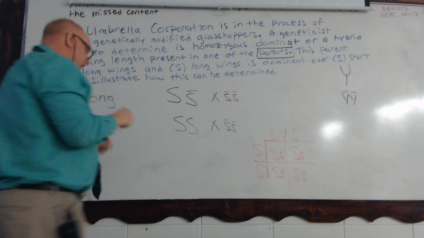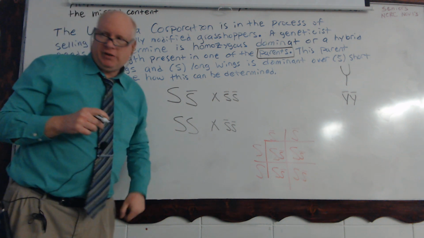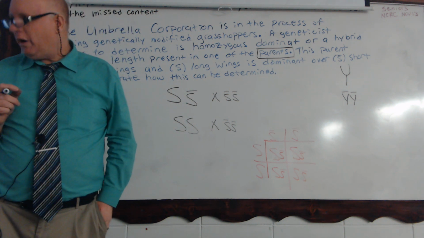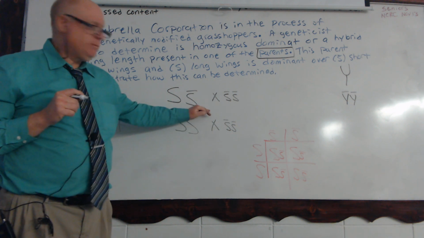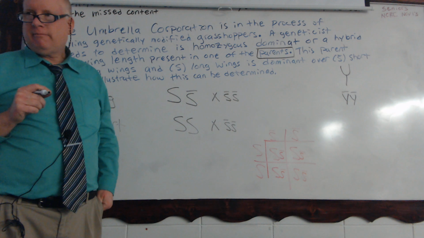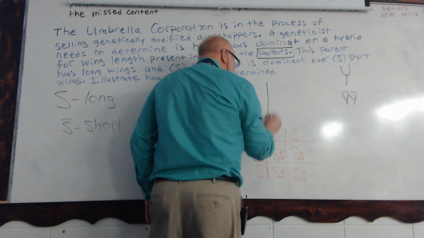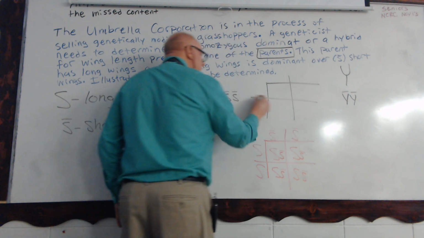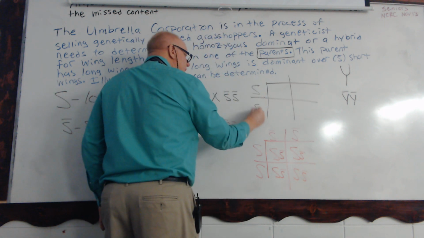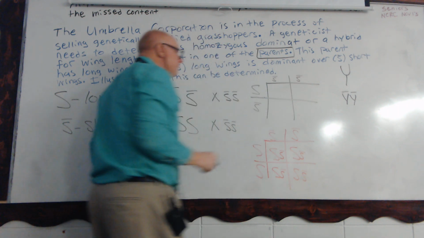So if you did this cross then, are we going to come up with 75%, 50%, 20%? With the top one now. If we don't know, let's just go ahead and do the cross. We have this on the left, and then these on the right.